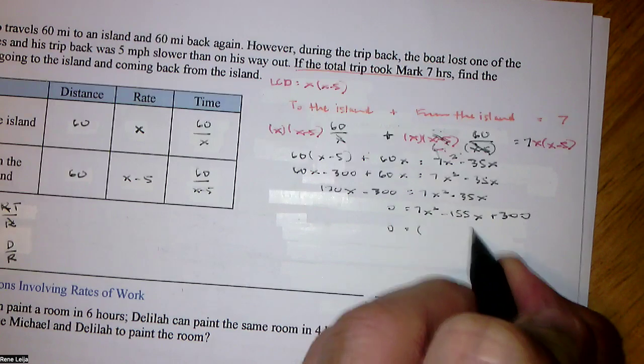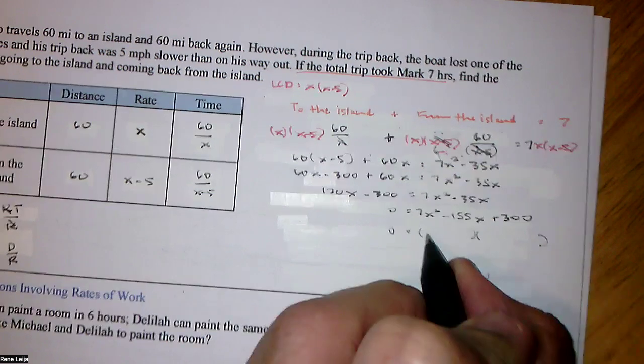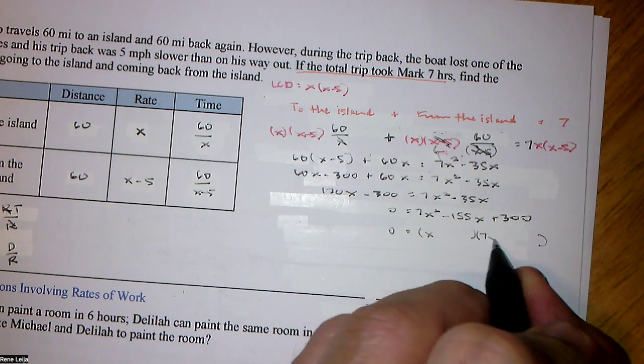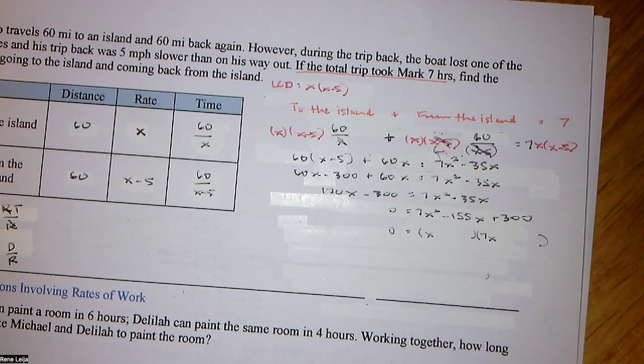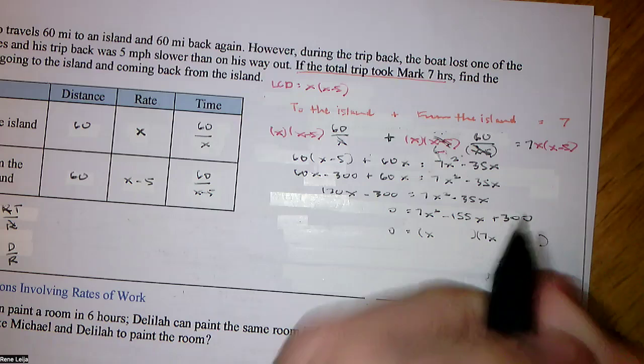So 7x squared only factors one way. So that's an x and a 7. Now for 300, I'm going to look for factors that are close together. 12 times 25 is 300.